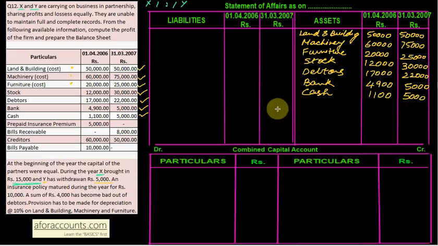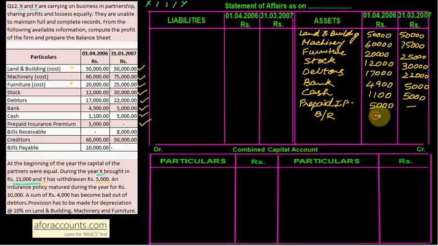Prepaid insurance premium, that is your asset. It was not due, it was paid, so my asset, prepaid insurance premium, 5,000 and nothing in the second year column. Bills receivable, again my asset; bills payable my liability.